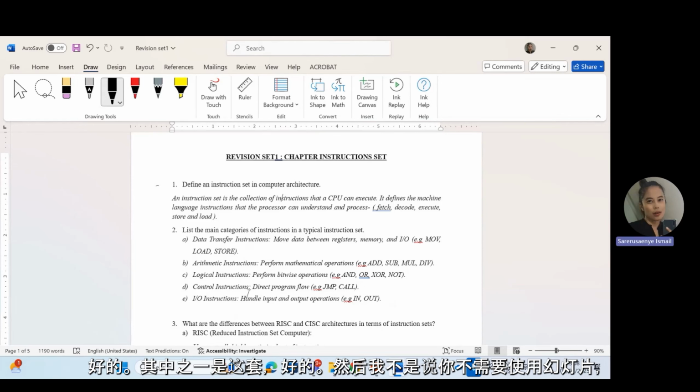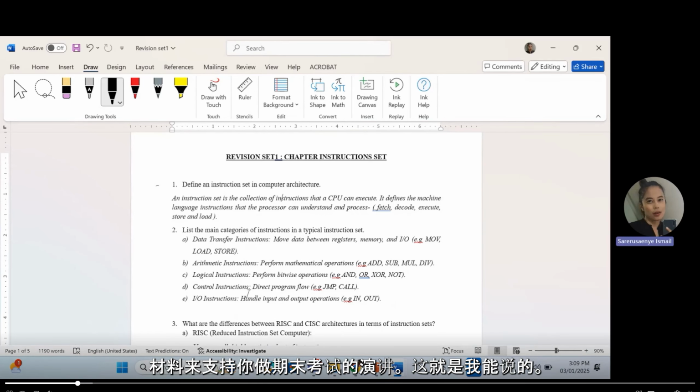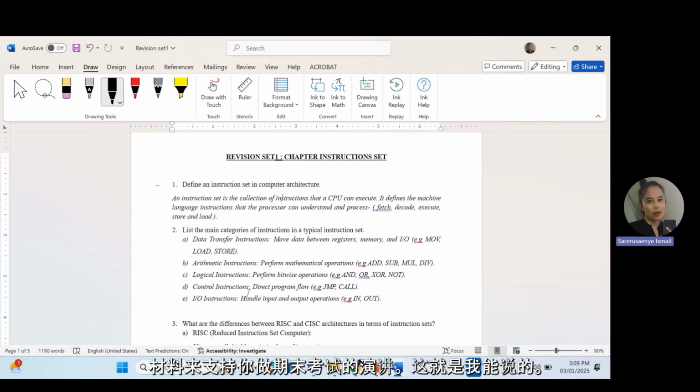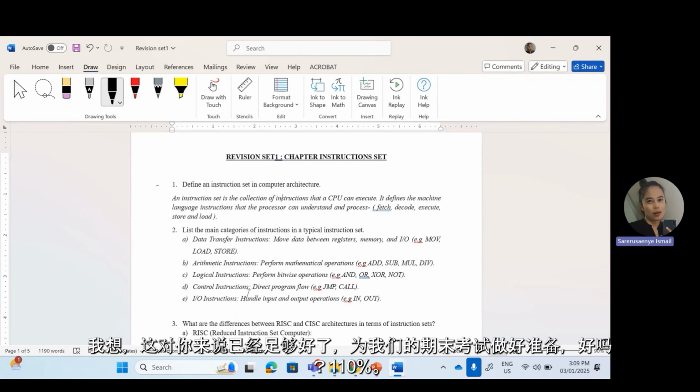I am not saying that you do not need to use the slides, but what I prepared for you in this revision set is considered full material to support you in preparing for your final exam. So if you just study this revision set and tutorials 10 and 11 as supporting documents, it is good enough for you to be prepared, 110%, for our final exam.